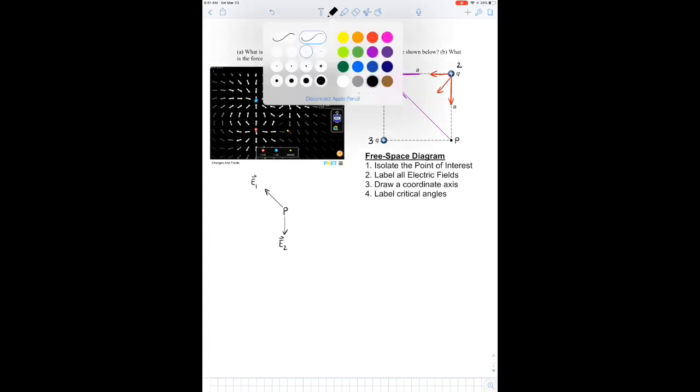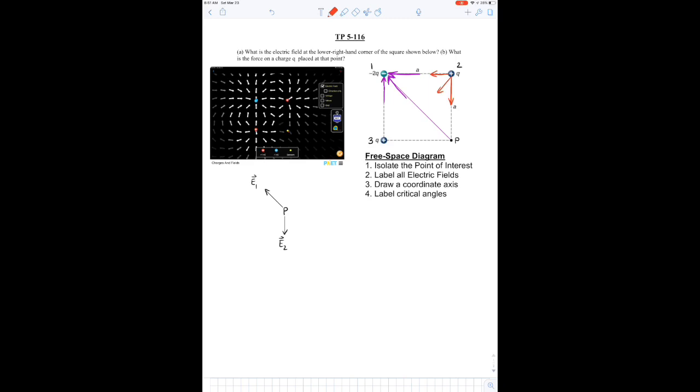And then finally, the third location. That's another positive charge, so again, its electric field is pointing away. So over at our point of interest, there must be an electric field pointing away, and we call that the electric field from 3, meaning the location that we labeled.